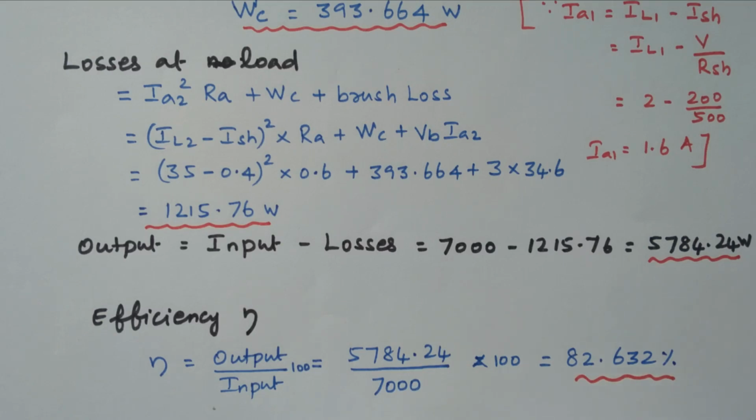So in this problem, first we calculated the input power, and we calculated the constant loss using the no load condition. That value can be used for the loaded condition, so that we calculated the losses. By subtracting the losses from the input power, we got the output power. Using the input and output power, we calculated the efficiency of the DC shunt motor.